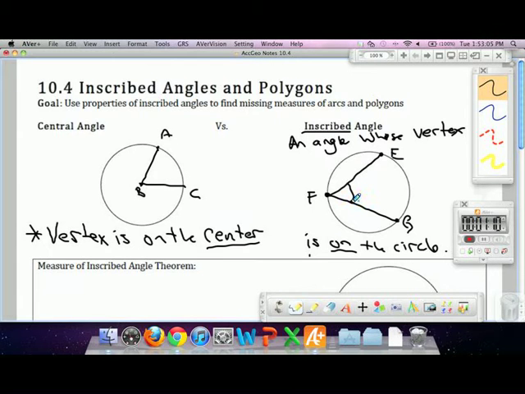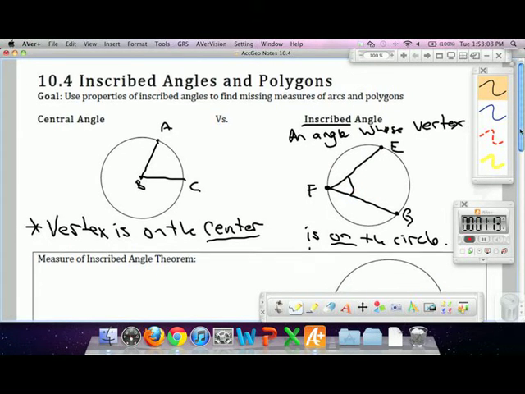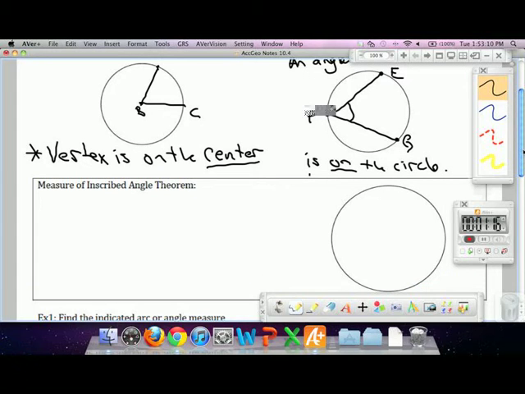Specifically, the measure of an inscribed angle says the following.